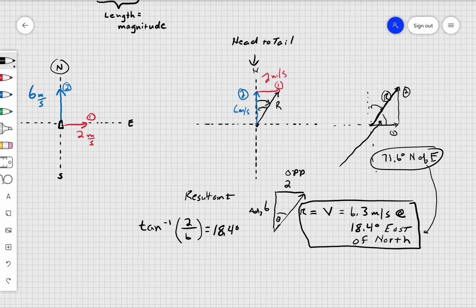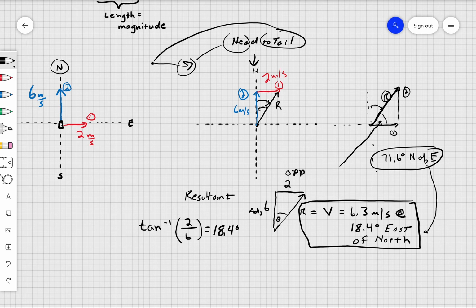Now that parallelogram method, I think most of you can see that if the vectors that you are adding have their tails, now guys, to make sure we're straight here, this pointy end is the head, okay, and the back of it here is the tail.